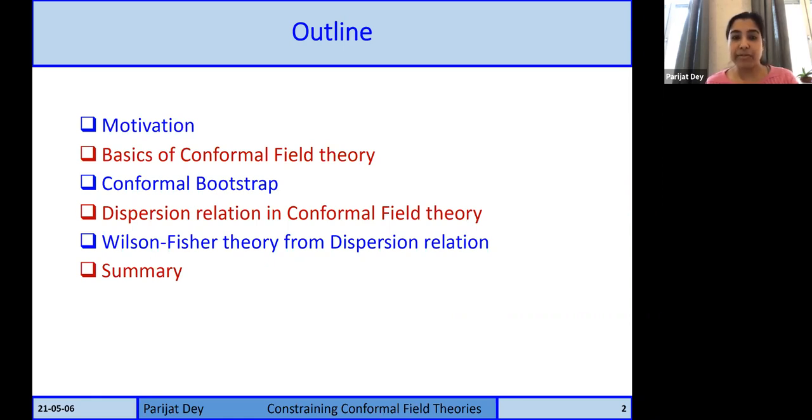And specifically, I will talk about this in the context of Wilson-Fisher theory, which is a scalar field theory with phi-4 interaction. And finally, I'll summarize with some open questions and future directions. So let's get started.